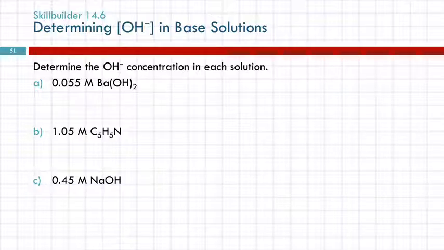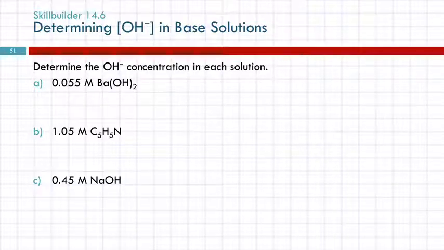So we can do a similar thing with looking at hydroxide ion concentrations in solutions of bases. So again, we need to ask ourselves, is it a weak base or a strong base? So this first one, barium hydroxide, is that a weak base or a strong base? It's a strong base.